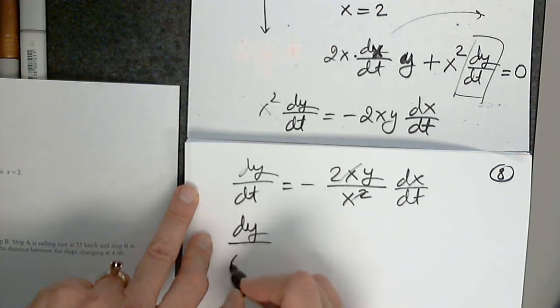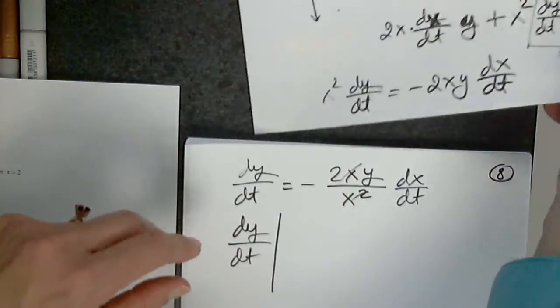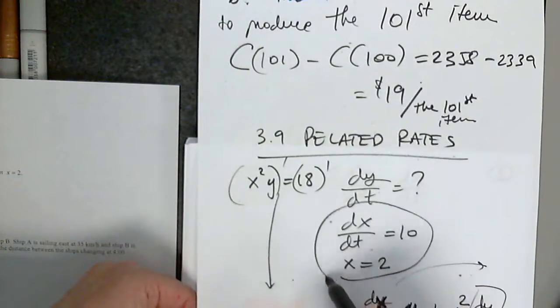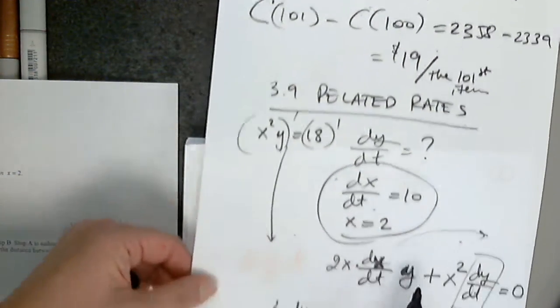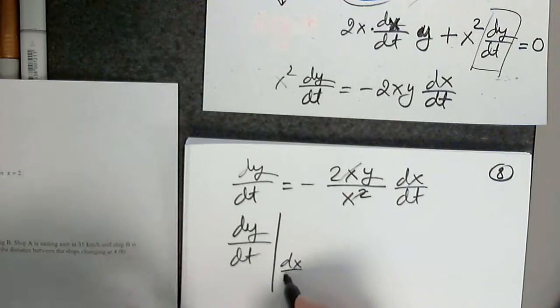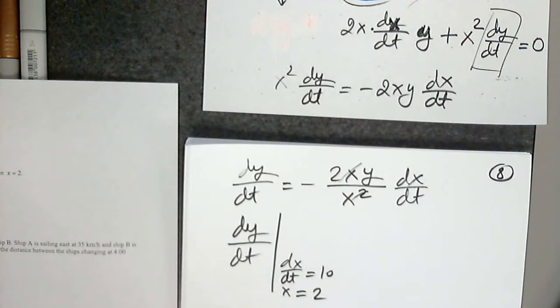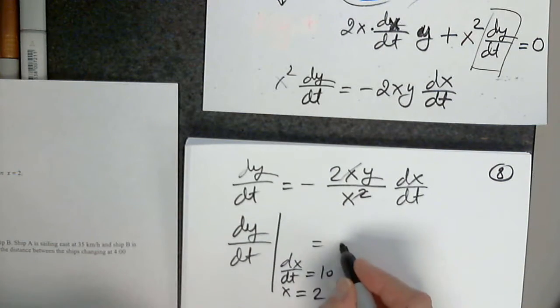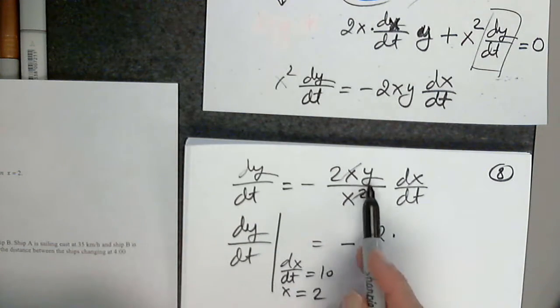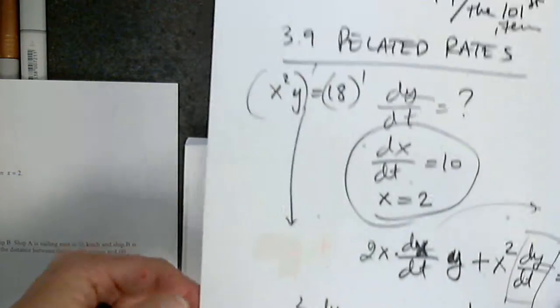So dy over dt. And now, only now, I'm using the given information in the problem. I am told that dx over dt is 10, and I'm told that x equals 2. So I write negative 2 multiplied by y. I didn't calculate it yet.